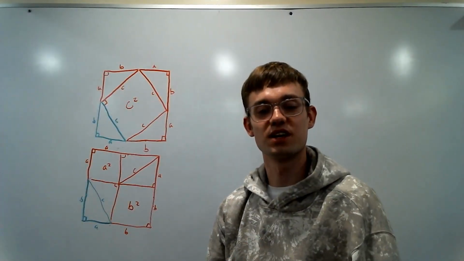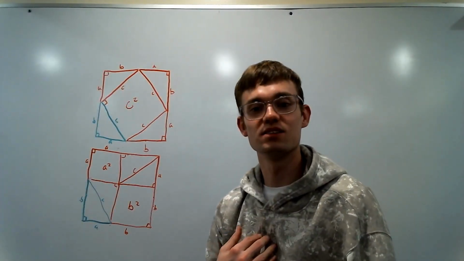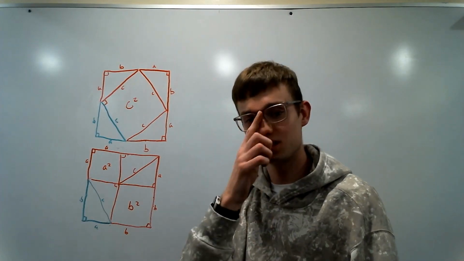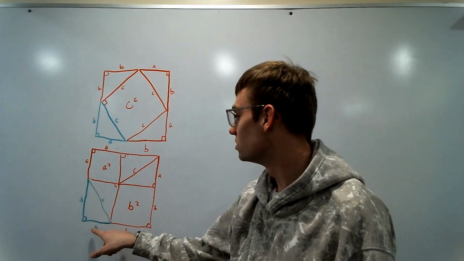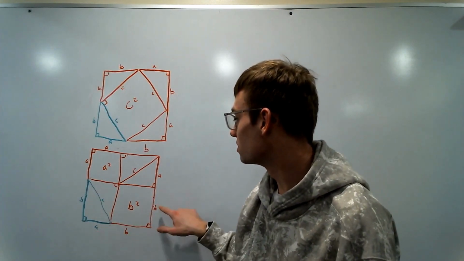Another clever proof of the Pythagorean theorem, which I think is the easiest for people who are new to it, is by constructing two squares where side length is a plus b.